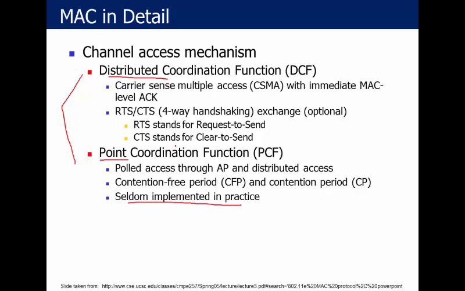Usually you and I are in the distributed coordination function, carrier sense multiple access with immediate MAC level acknowledgement. So there is a four-way handshaking. For example, what are the four ways? RTS, CTS, data, and acknowledgement.